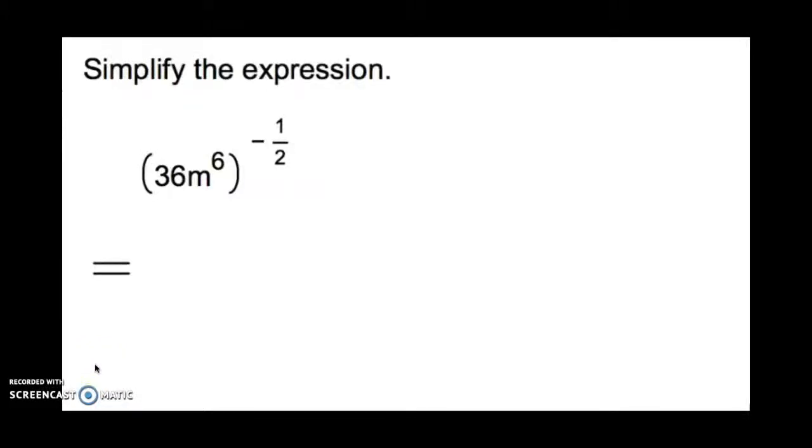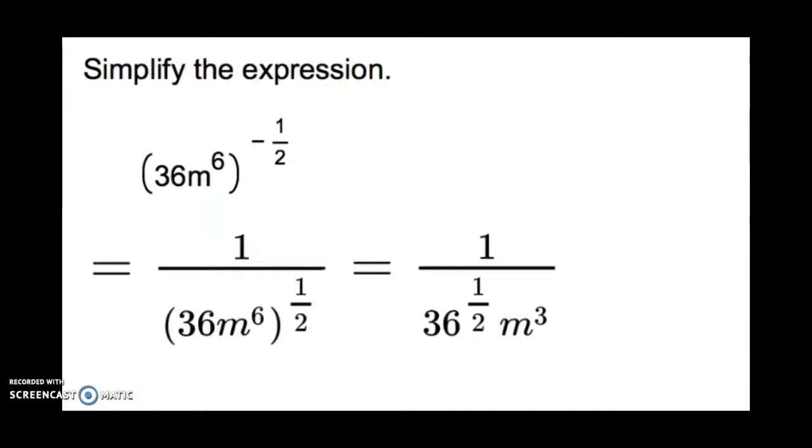Now what I'd like to do first is, since I have a negative exponent, I want to automatically make it positive. So to do that, I'm going to write all of this underneath 1. So 1 over 36m to the 6th, all raised to the 1/2 power. So now what I'm going to do is raise the 36 and the m to the 6th to the 1/2 power.